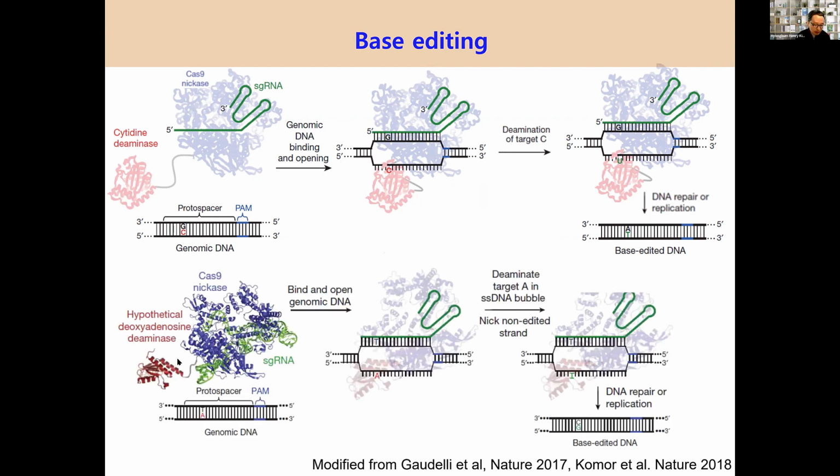Similarly, David Liu's group also discovered adenine base editing, which requires a deoxyribonucleic adenosine deaminase linked to the Cas9 protein and guide RNA. Then Cas9 finds the target sequence and makes this sequence single stranded. Then the deaminase converts A to inosine, which ultimately becomes G. So A to G conversion can be induced by adenine base editing.